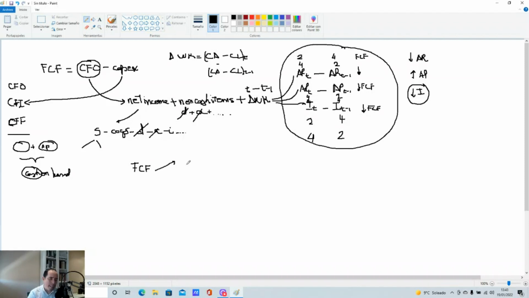When the company maximizes its free cash flow, it means that the company will have more money to pay dividends, more money to reinvest in its own business, and of course to make a payback of its own shares. Okay, which we know that could contribute to boost our shares in the long term.